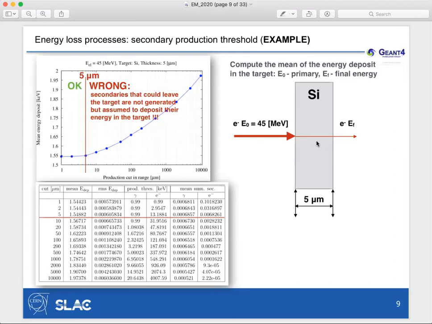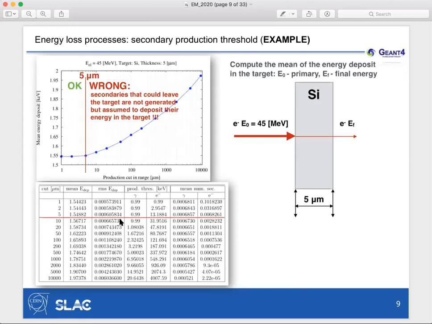The difference starts to come when we don't generate secondary gamma or secondary electron particles inside the silicon, and we think that they would be deposited inside the silicon, but actually those would leave the silicon and take away that energy. So when your secondary production threshold starts to be too high, you are making a wrong assumption, then you start to be on the wrong side of this curve. Okay.